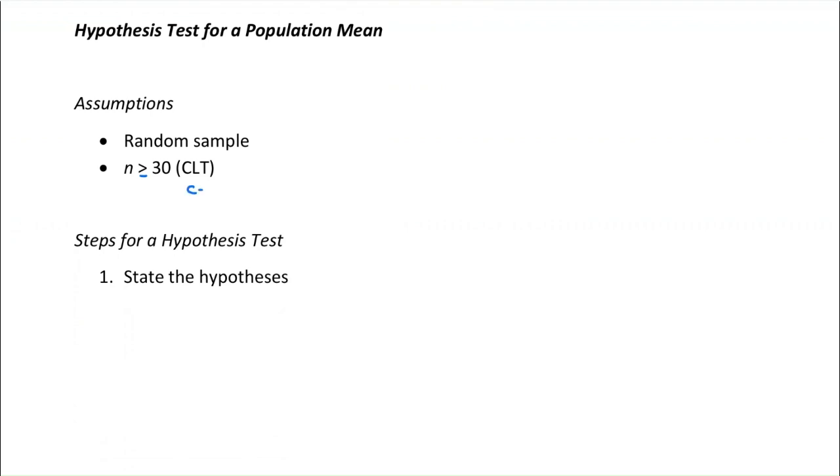Again, this is the central limit theorem. It's more generically just stating that if your sample size is large enough, we can assume normality. This points to the idea that our distribution is normal. If we can't say that it's normal, then we can't actually use this process, because this process is designed only for distributions that are normal.